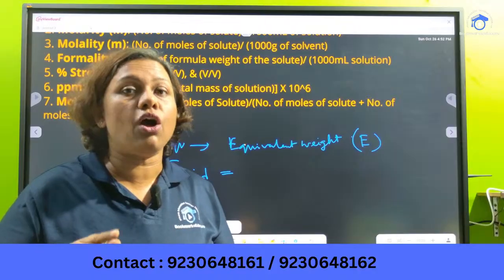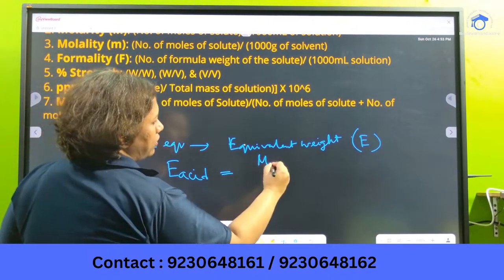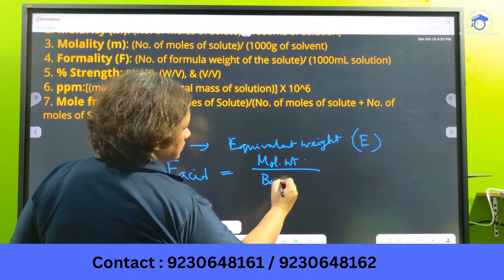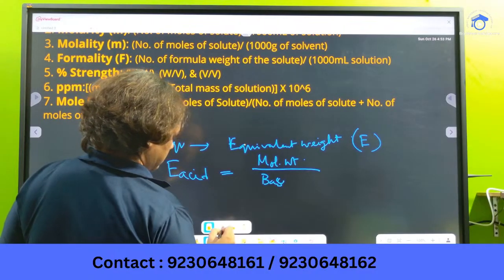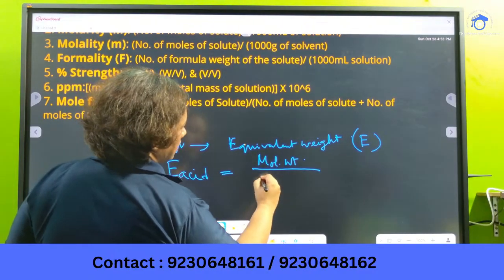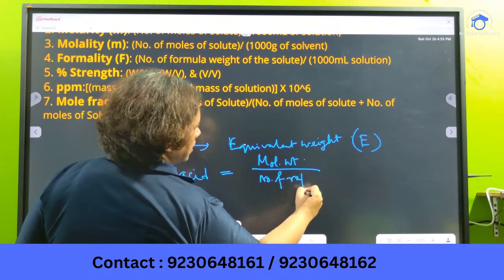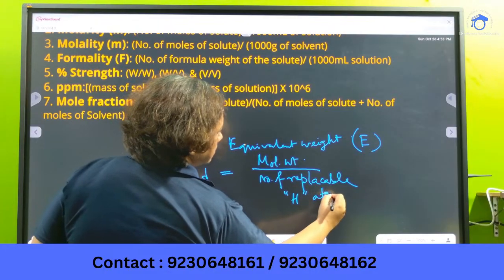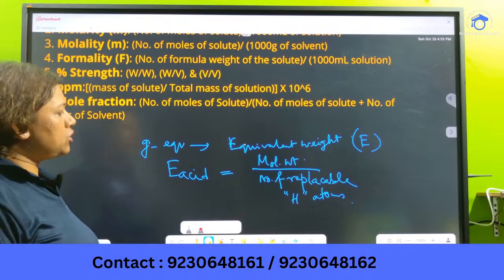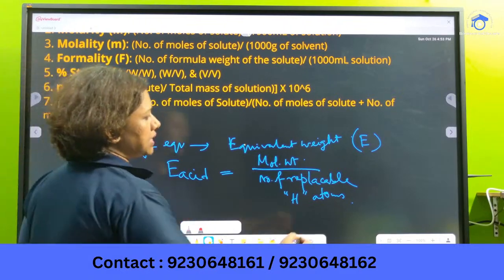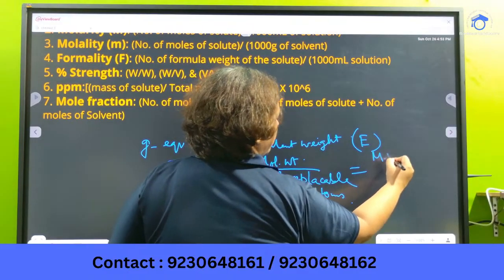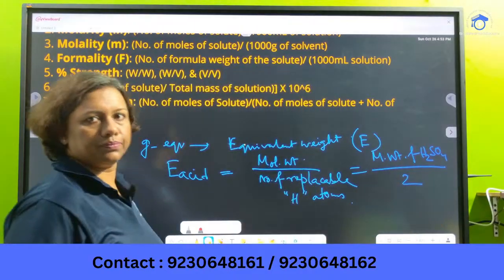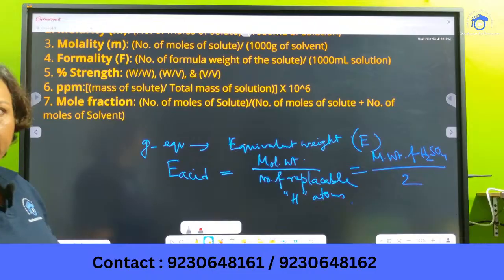So that is molecular weight divided by number of replaceable hydrogen atoms. That is the equivalent weight for acid. For example, for H2SO4, the molecular weight of H2SO4 divided by 2. So this is the equivalent weight of acid.